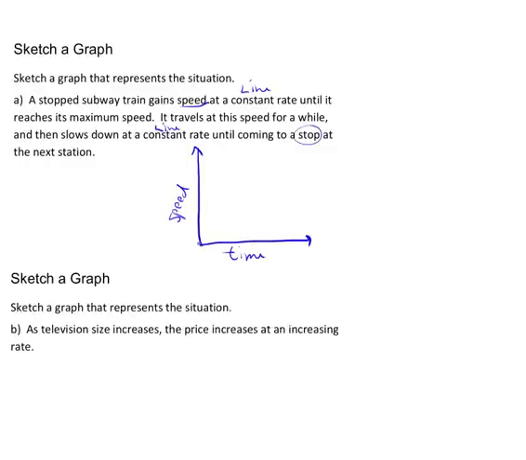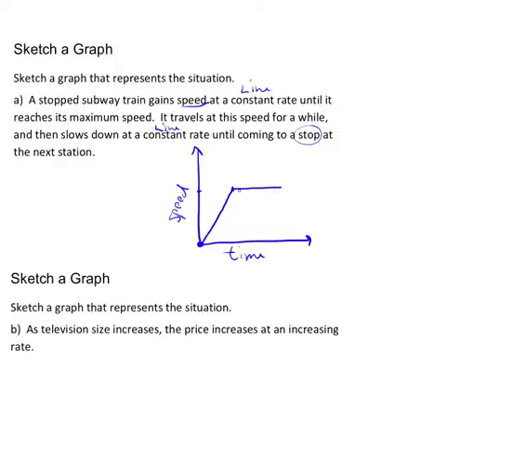So it was stopped, so it hits here on the line, so it gained constant speed until it reached its maximum speed here. And then here it's not stopping at this speed, but it's going the same speed constantly. So that's why it's not increasing or decreasing, it's just staying.